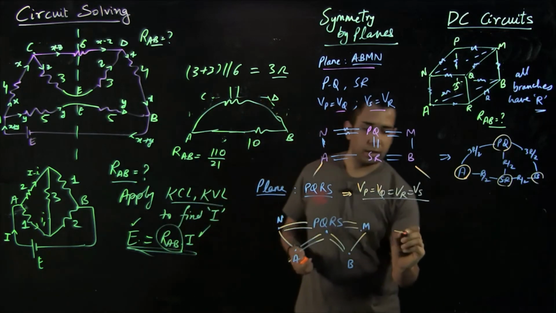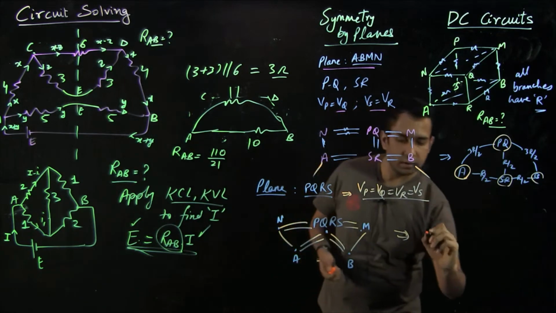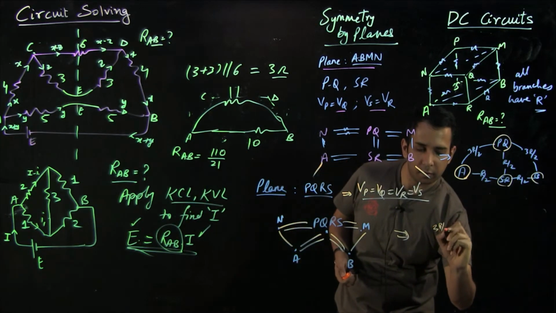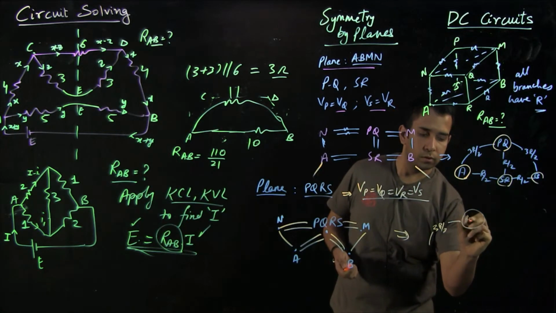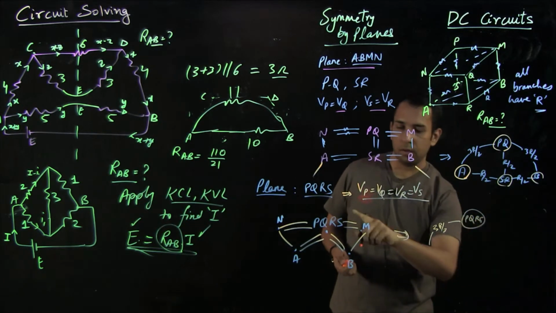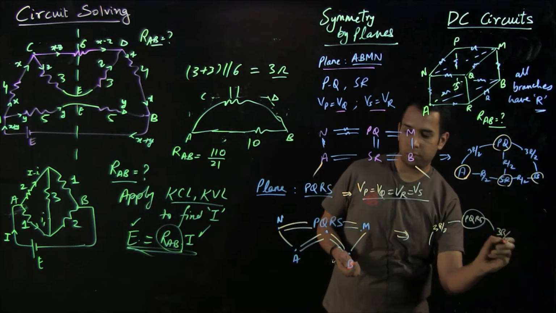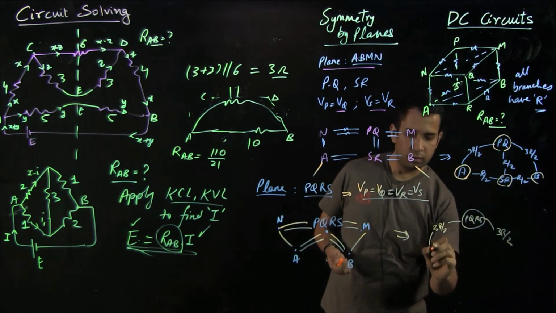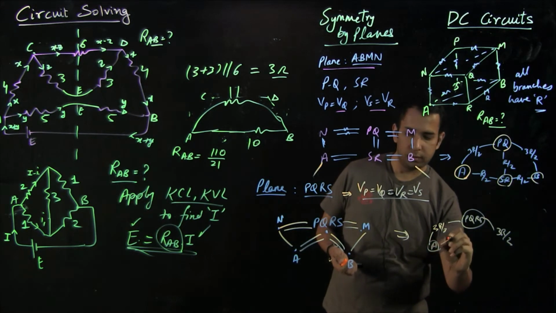So now these two are in parallel, which is in series with this one. So it's 3R by 2. It's PQRS. R by 2 plus R, again 3R by 2. This is A. And this is R by 2.